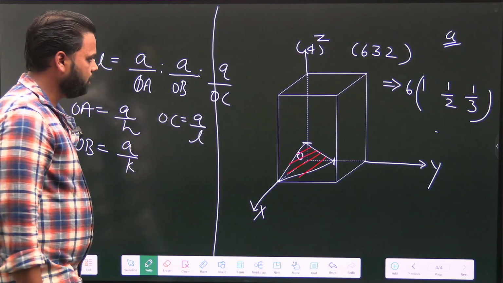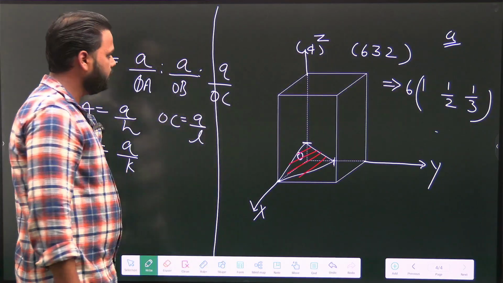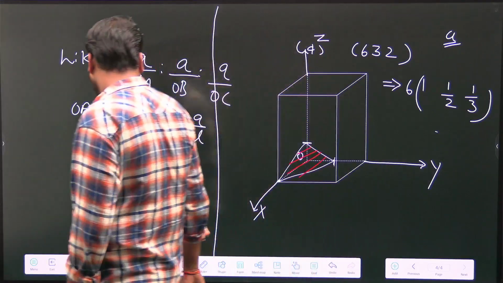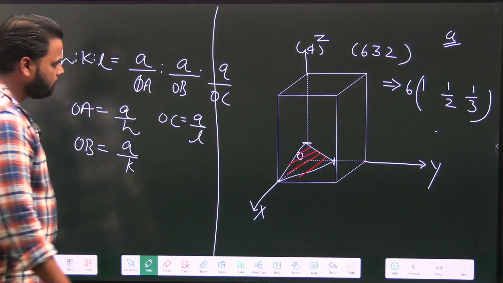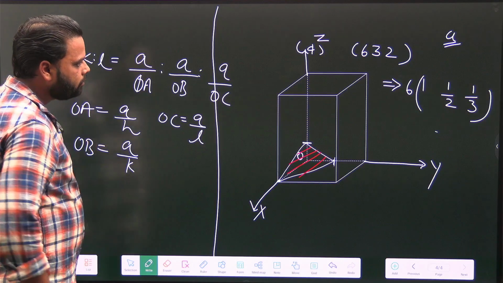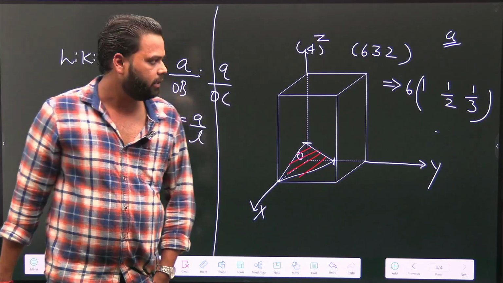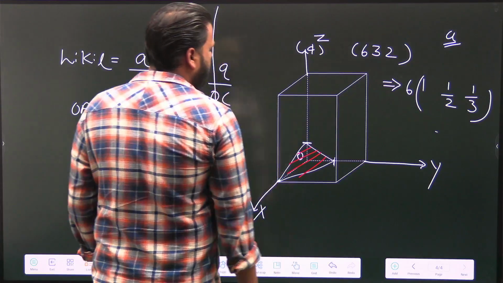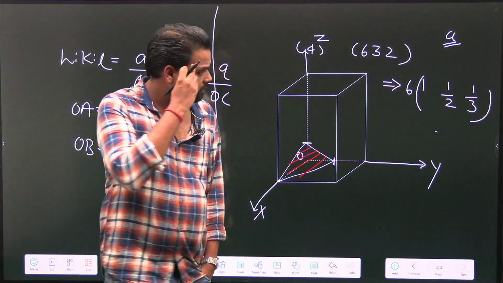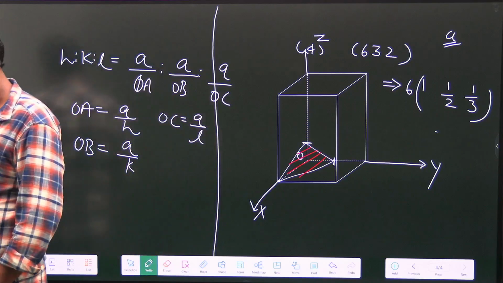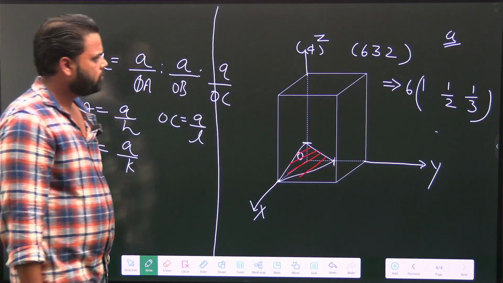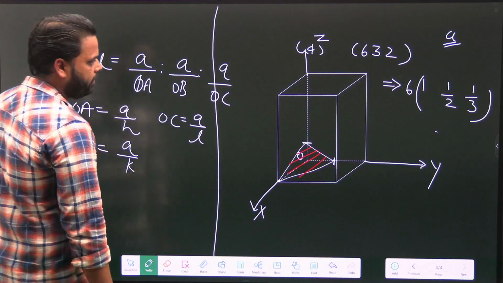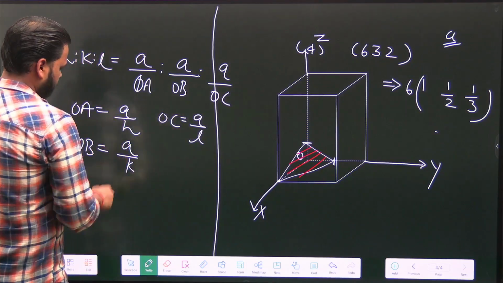Okay, intercept is coming out with 1, 2 and 3, right? Intercept कितना आ रहा है इसका? A, 2A and 3A. ये कैसे हो सकता है? See, this is about the Miller indices, right? So H, K and L. H will be 1.